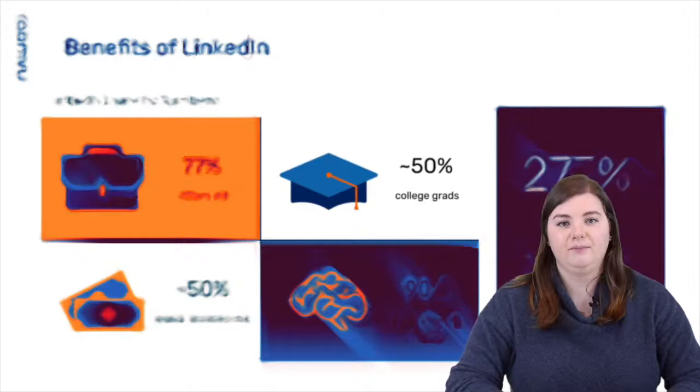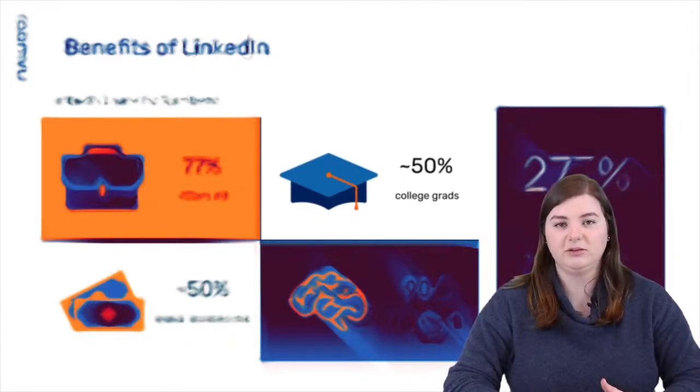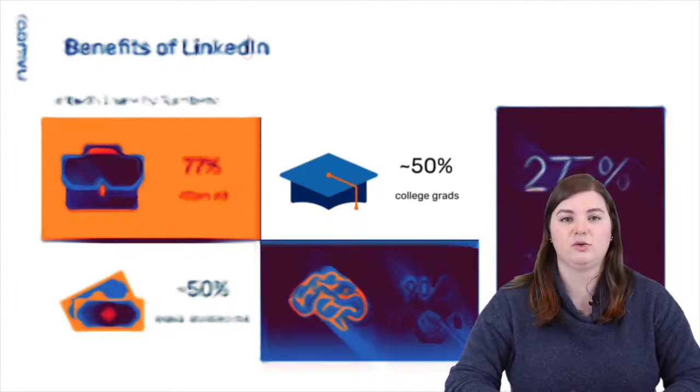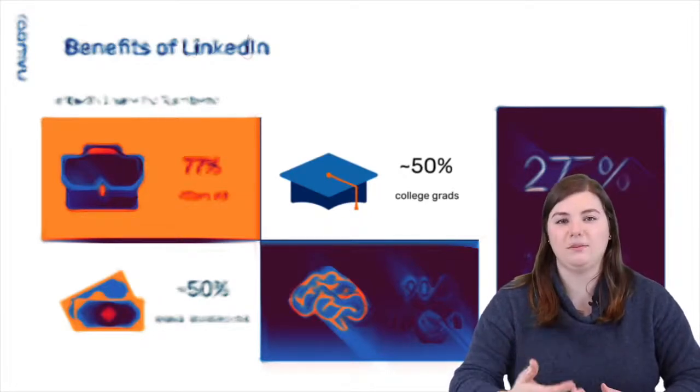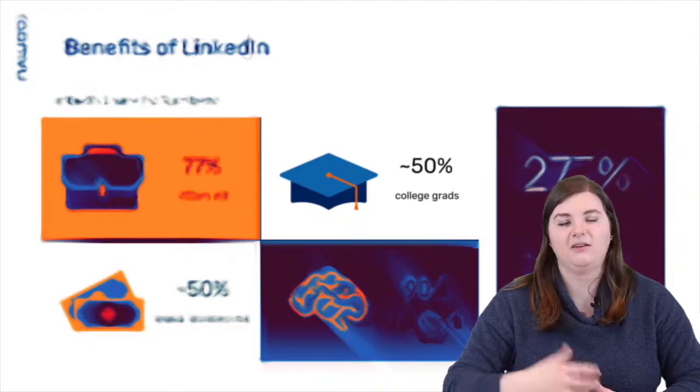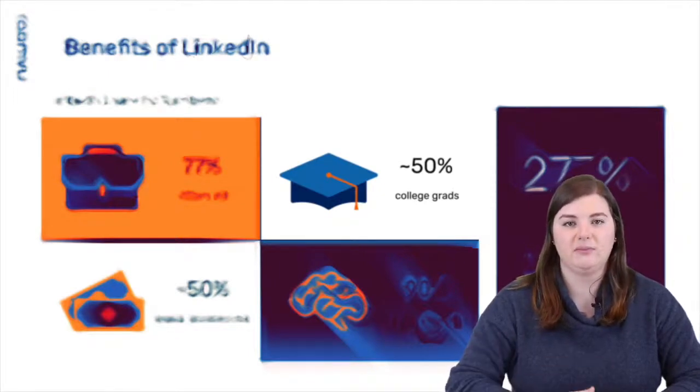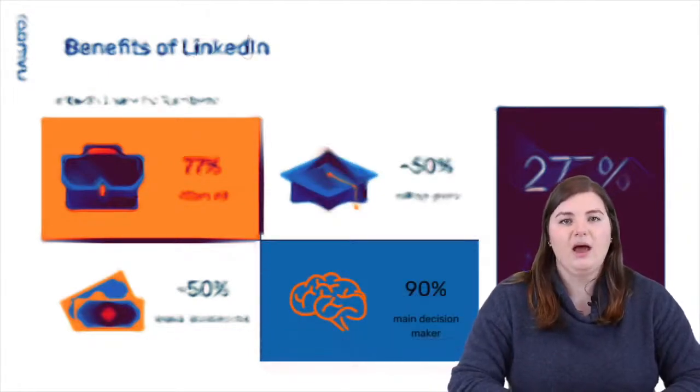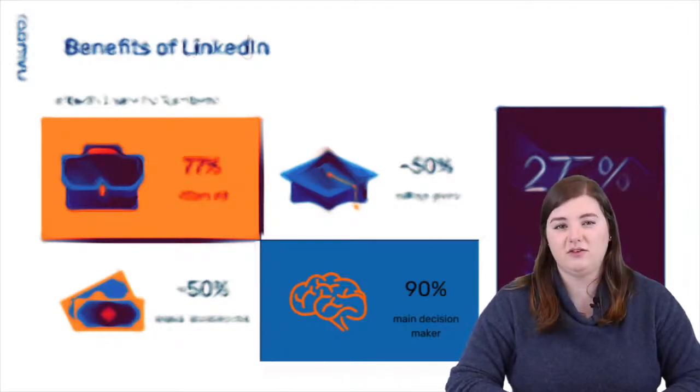Again, that also helps dictate what sort of content is published on LinkedIn, because it's more information and data based, and it goes to support those financial means. And lastly, one of the most interesting ones is that 90% of them are the main decision makers at home.